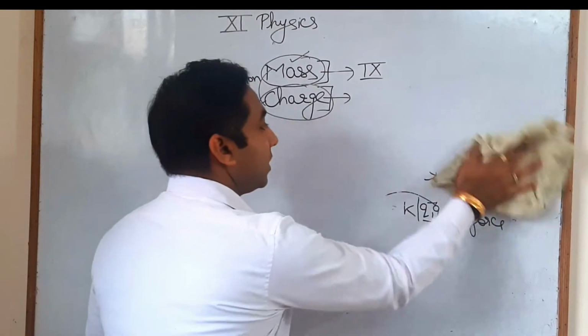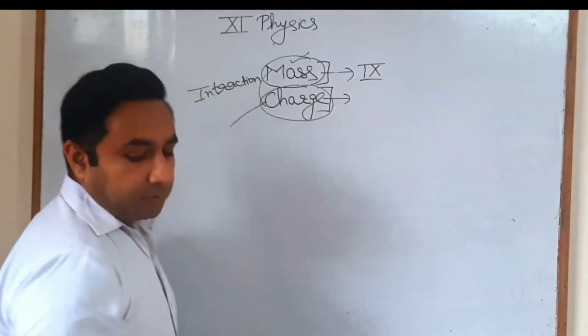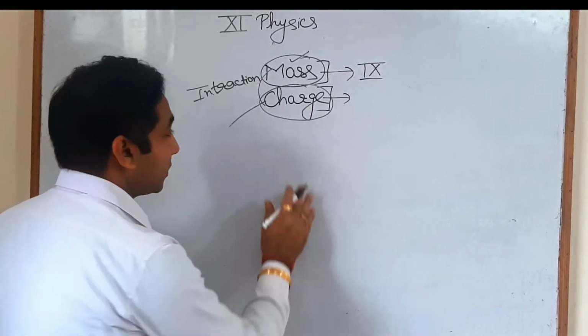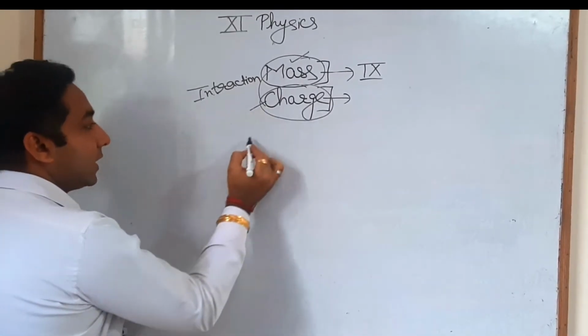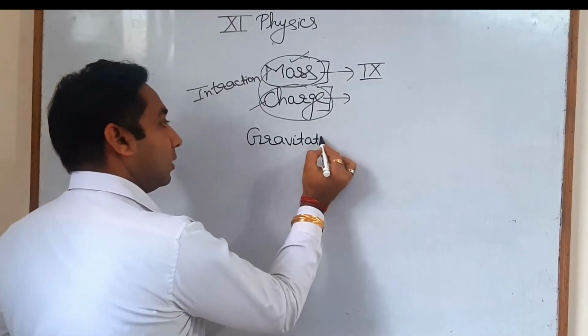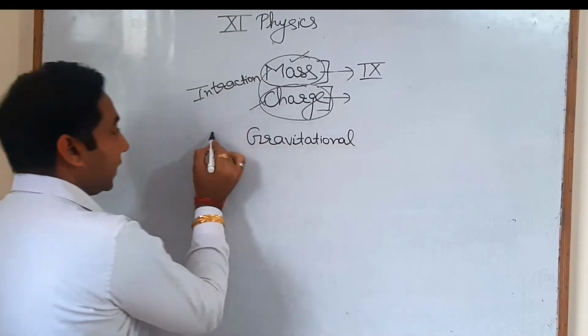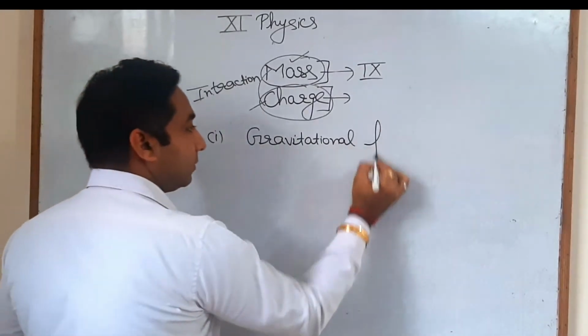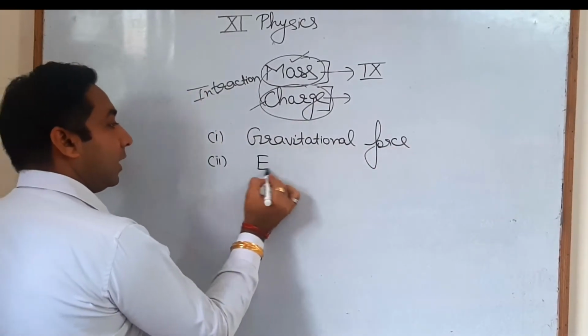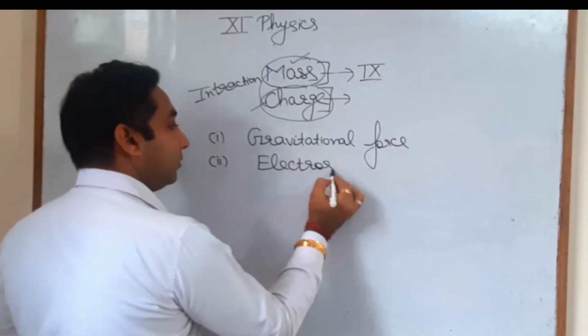In nature we mainly have to deal with four types of forces. The first one is gravitational force. The second one is electric or electrostatic force.